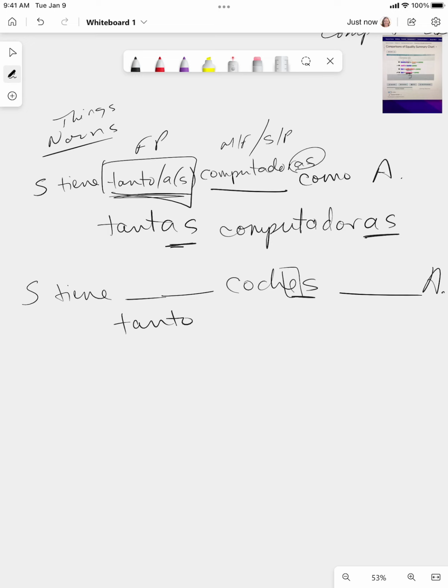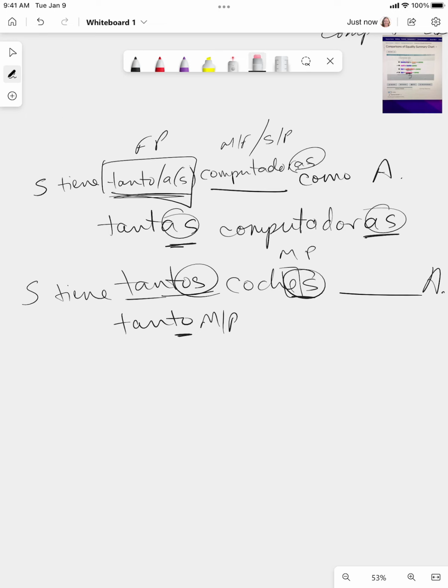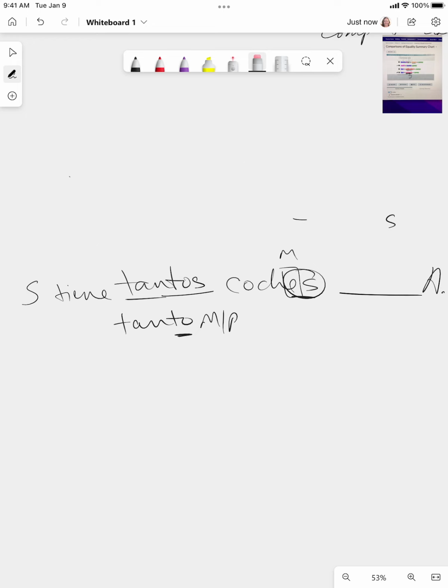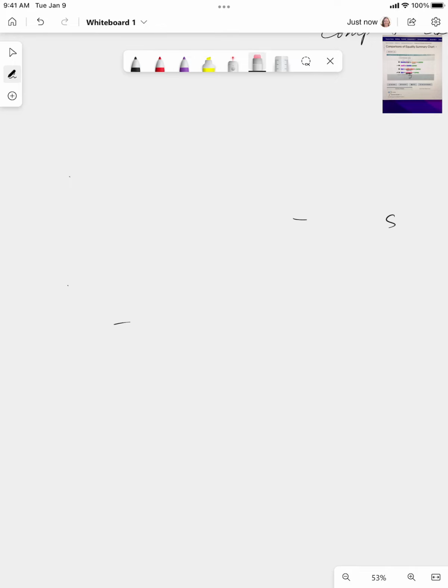It's male, and is it singular or plural? It's plural. Okay, what form of this is male plural? Tantos. So again, this is matching this, just like up here, tantas matched this. Male, plural, female, plural, and so on. All right, that is when we're talking about nouns. We're comparing nouns that there are as many of this as there are of this object. People, places, and things.